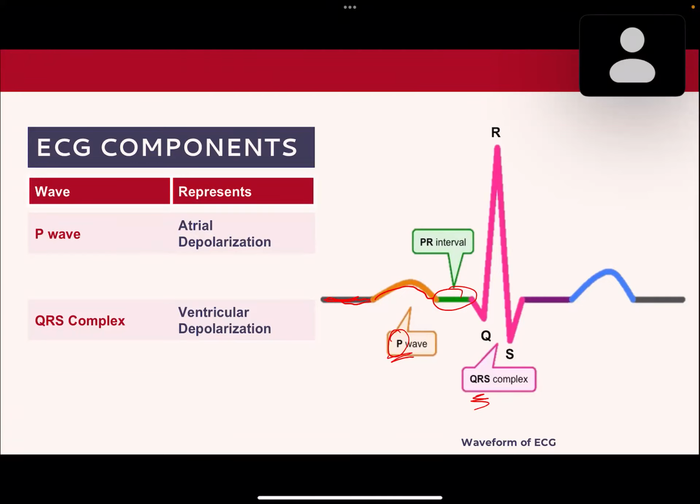What's causing this break with no electrical activity? What's slowing it down? Exactly. That would be your AV node delay. So the PR interval is the AV node delay. Now the next wave is going to be your T wave. Does anyone know what the T wave represents?